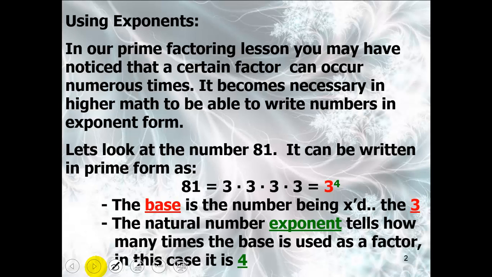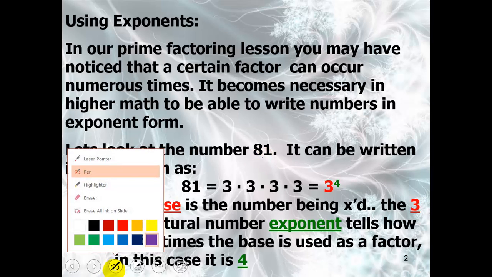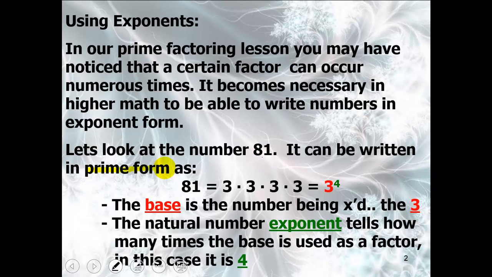So let's look at the number 81. In its prime form, 81 would be written as 3 times 3 times 3 times 3. That's the same as saying 3 to the fourth power.